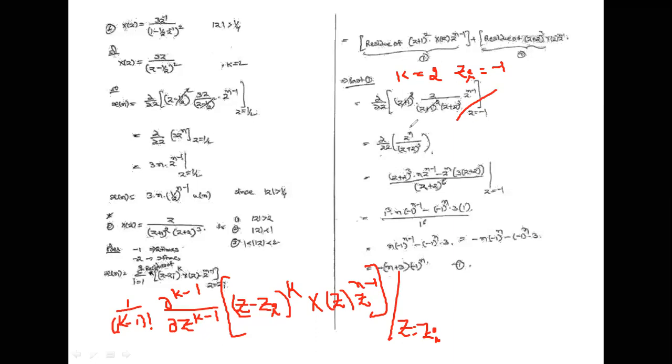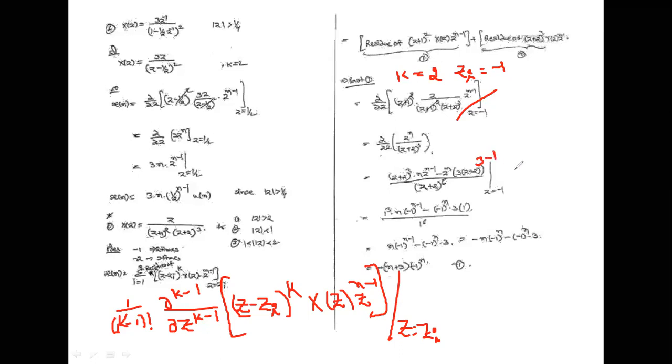Now it is in the form of the u by v rule. Take v first, z plus 2 whole cube, and apply the derivative of u, n into z power n minus 1, minus u into the derivative of v, that is 3 into (z plus 2) whole power 3 minus 1.